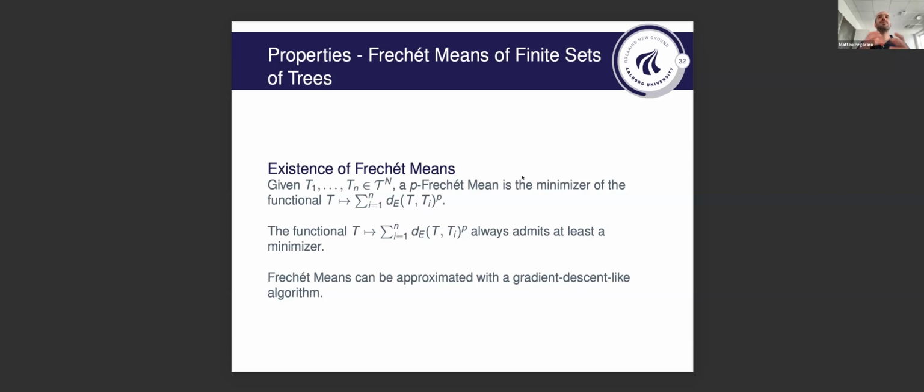So we have some kind of notion of average, or mean, in the space of merge trees. I also propose an approximation procedure. I still haven't studied its convergence properties, but I proved that it's an iterative procedure, and step after step, the value of the Fréchet functional cannot increase.